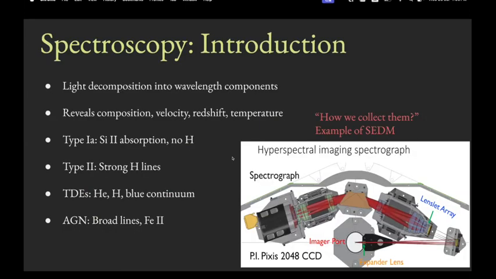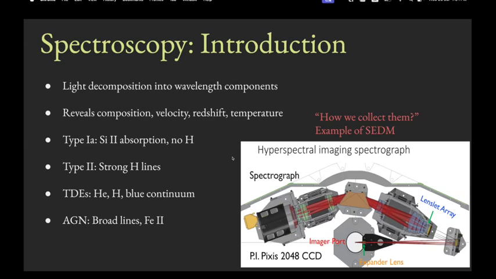So spectroscopy is actually light decomposition into wavelength components and could reveal, for different objects, the velocity, the redshift, temperature, composition, and we can have more information about the different events for which we might have alerts.